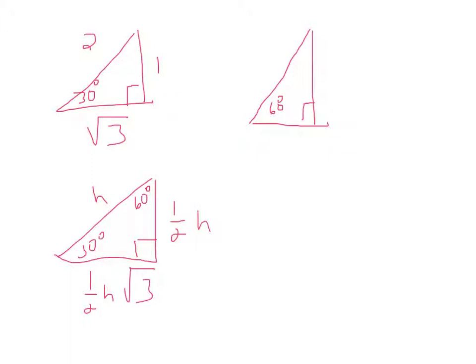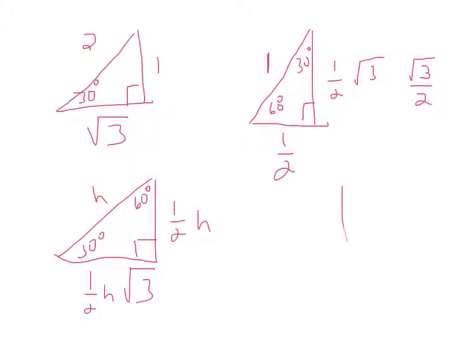If the hypotenuse happens to be 1, half of that is a half, and that's opposite the 30-degree angle. And the side opposite the 60-degree angle is half the hypotenuse times the square root of 3. So we often will write that as square root of 3 over 2.